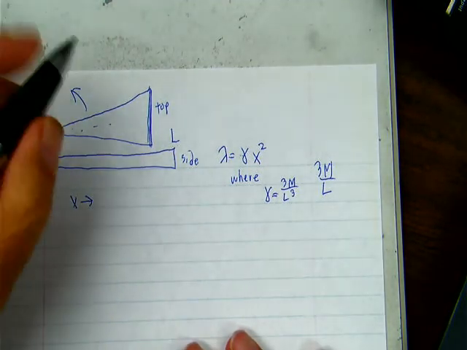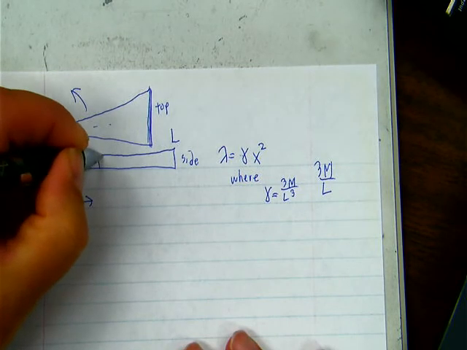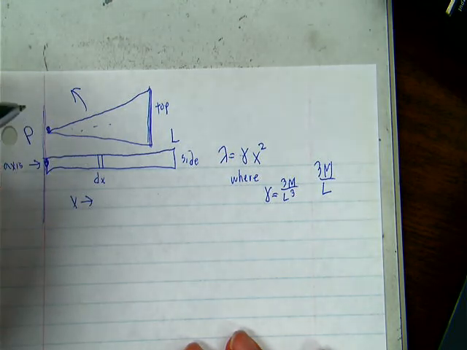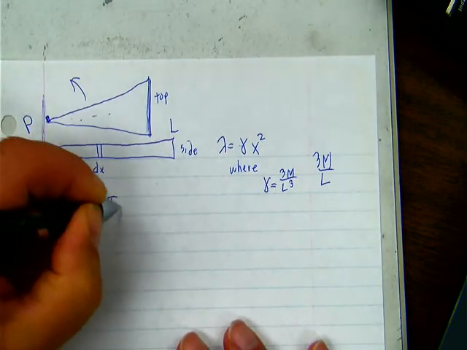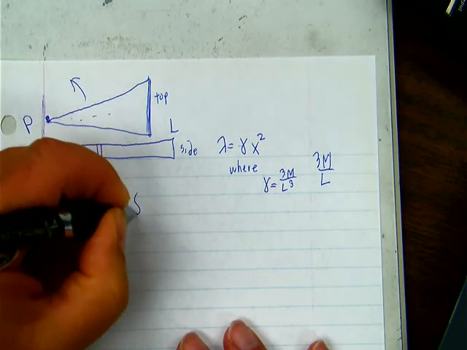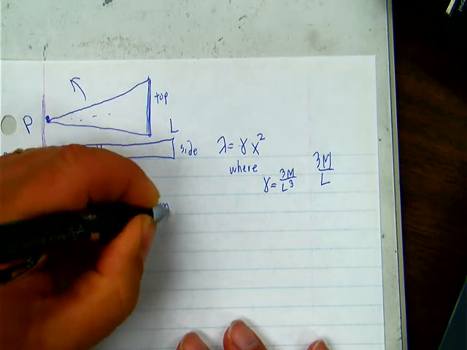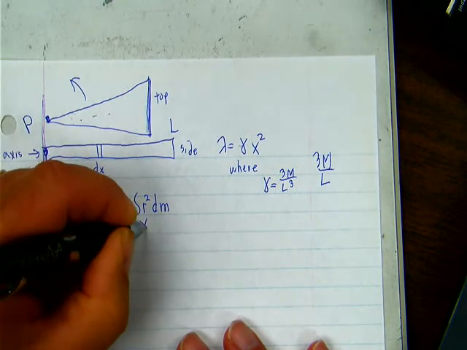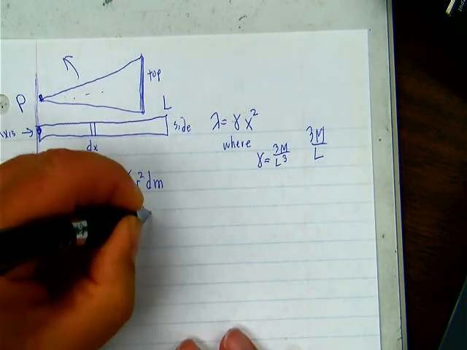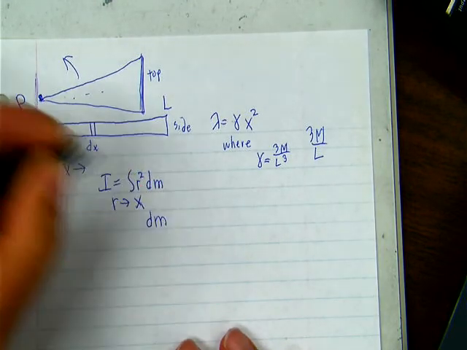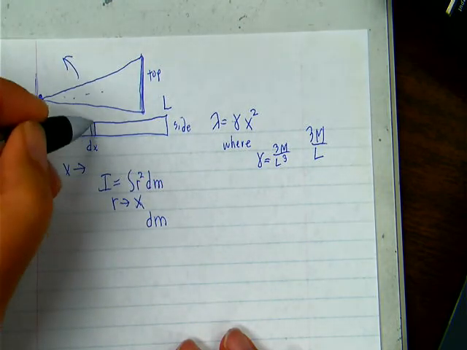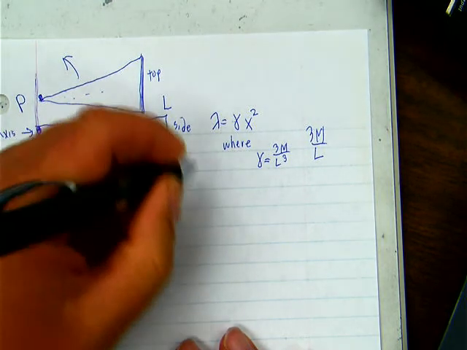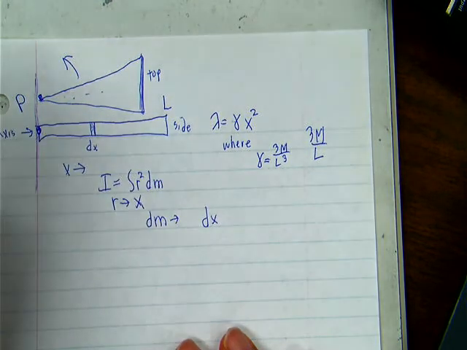Okay, so we still have a little differential element of mass, of width dx. We still have the formula for the integral of r squared dm, where r becomes x in this one dimension. We still have to convert the little differential element of mass into some function of x.